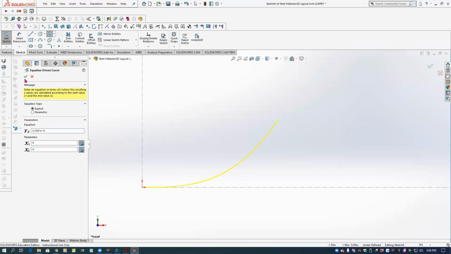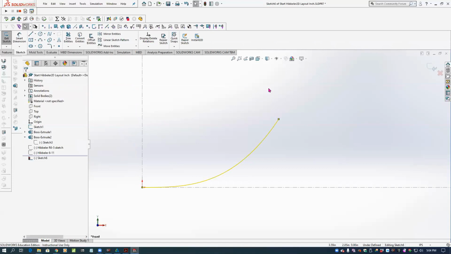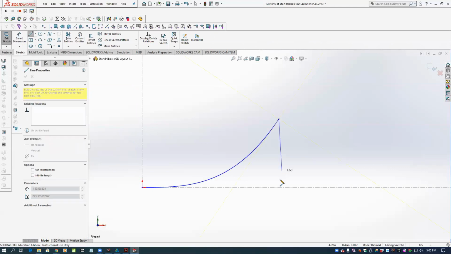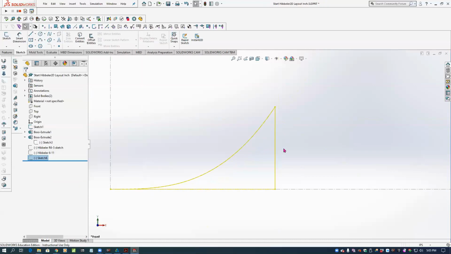And it creates that curve or spline that I can then close off with a vertical line and a horizontal line. And of course that gives me then the area that I need to use in this problem, chapter 6, review problem 6-5.